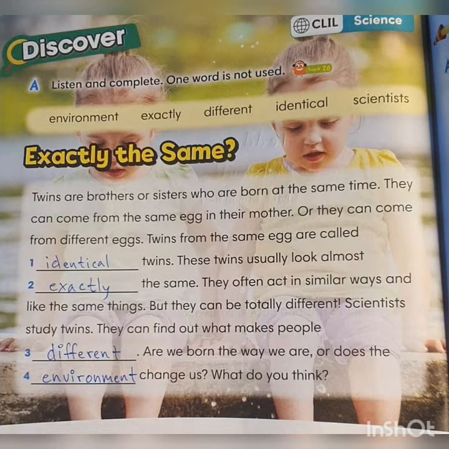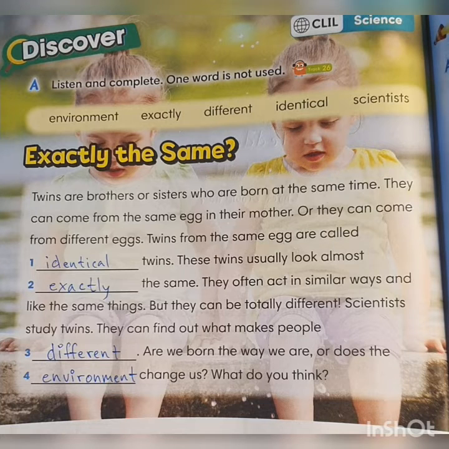They often act in similar ways and like the same things. But they can be totally different. Scientists study twins. They can find out what makes people different. Are we born the way we are, or does the environment change us? What do you think?